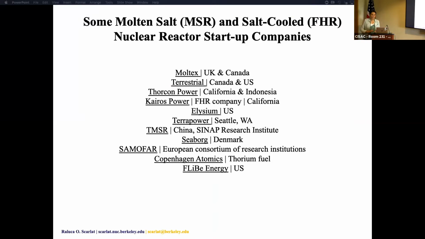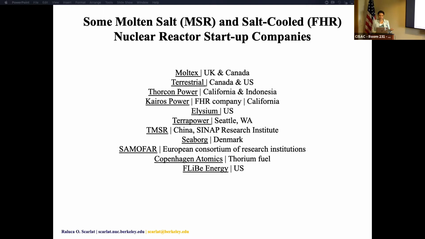I'll give you a few examples of startup companies around the world that are looking to commercialize molten salt reactors and salt-cooled reactors. The difference between molten salt reactors and salt-cooled reactors is that the uranium or thorium fuel in a molten salt reactor is dissolved in the molten salt, so it's a liquid fuel that produces fission products and transuranic elements in the molten salt as a homogeneous mixture.